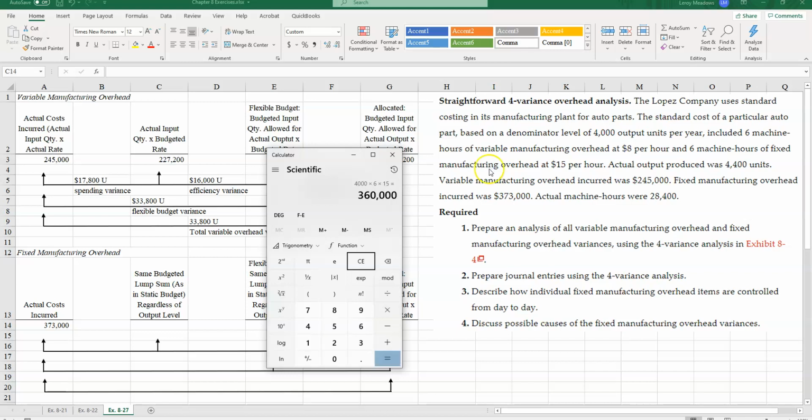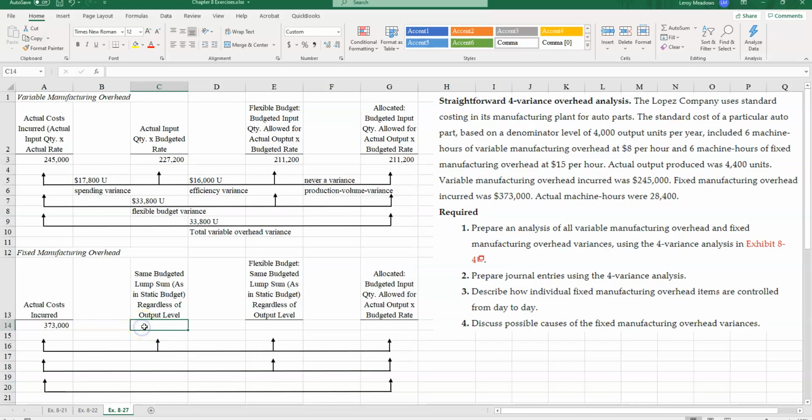And I should have a static budget, same budget and lump sum as in static budget, of $360,000. And my flexible budget is going to always be the same as my static budget when it comes to fixed overhead.